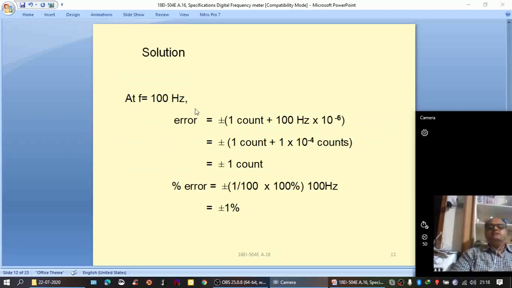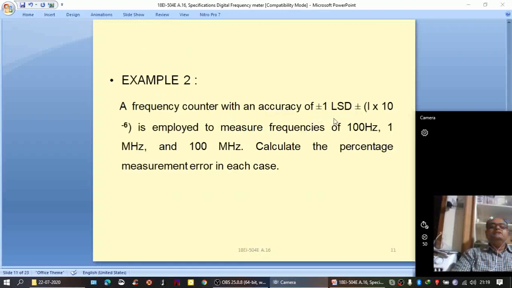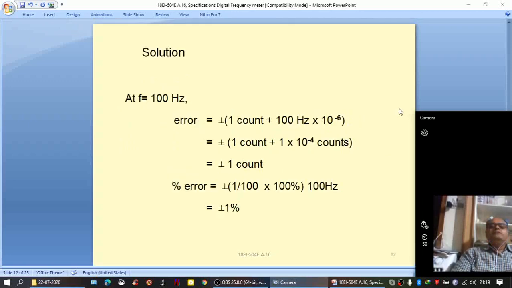At 100 Hz, that is for the measurement of 100 Hz signal, the error would be plus or minus 1 count plus 100 Hz into 10 power minus 6. This is the unknown frequency, and here it is given that 1 LSD error of 10 power minus 6. So 100 Hz into 10 power minus 6, it comes around 10 power minus 4 counts.